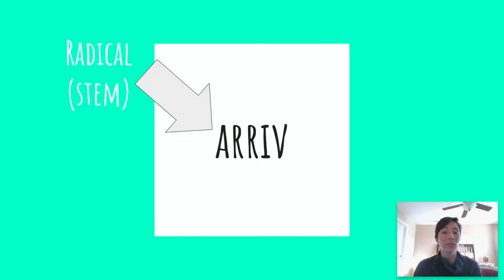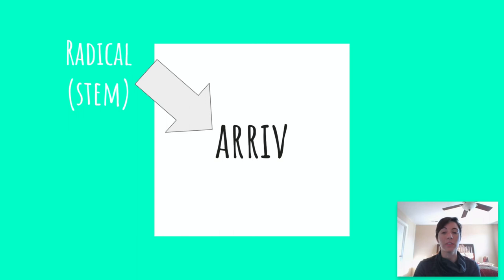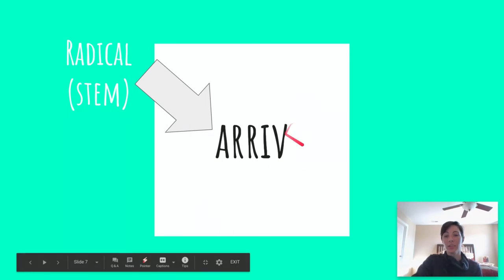Our second step is to conjugate it by adding the appropriate present tense ending according to the subject. So this is our radical, and for our conjugation, we would add our ending to that right there.